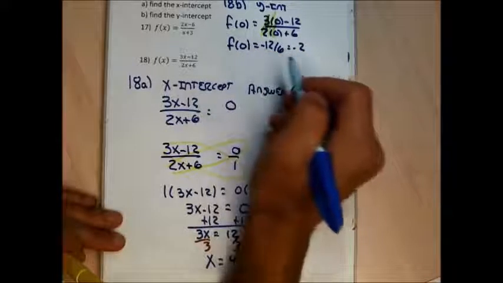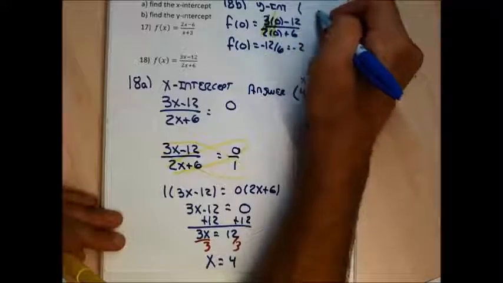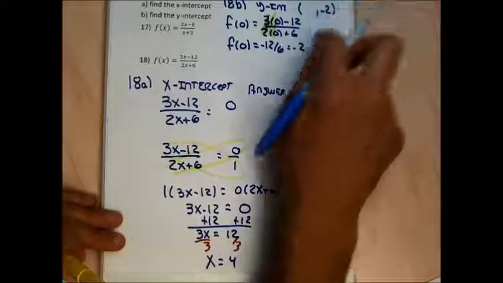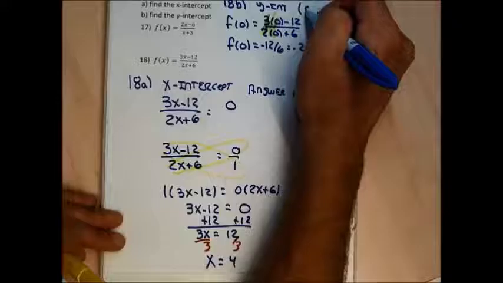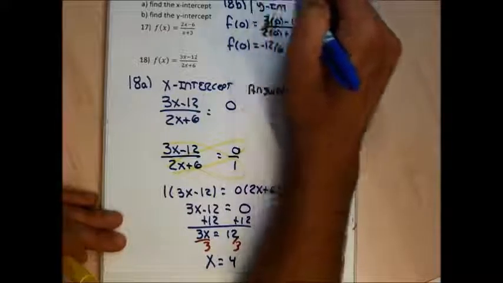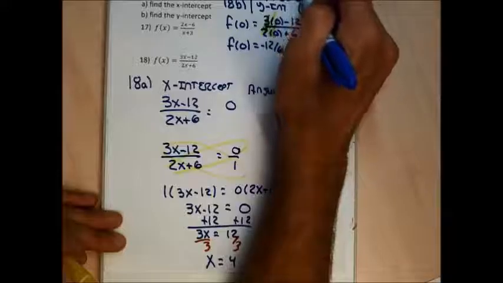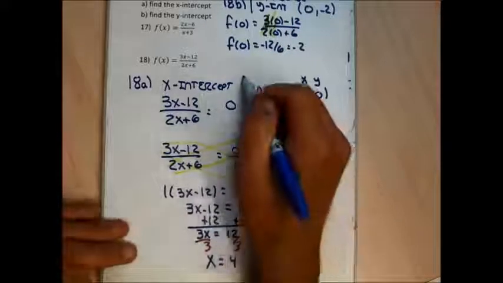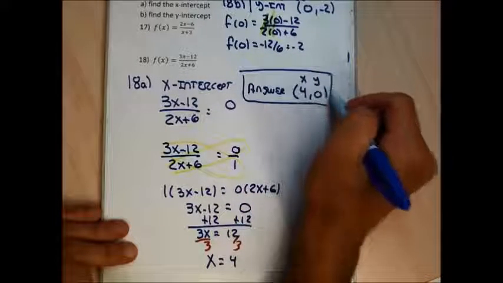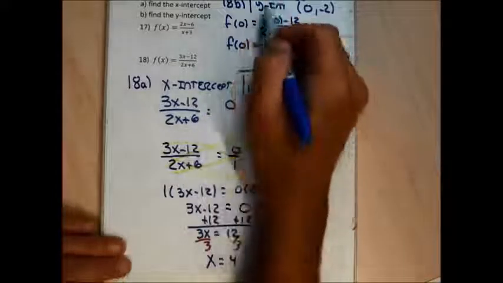When I go to write my answer for the y-intercept, the opposite letter is always 0. The opposite letter of y is x, so the x is 0. So my answer to part B, the y-intercept is the point (0, negative 2). The x-intercept is the point (4, 0) for part A.